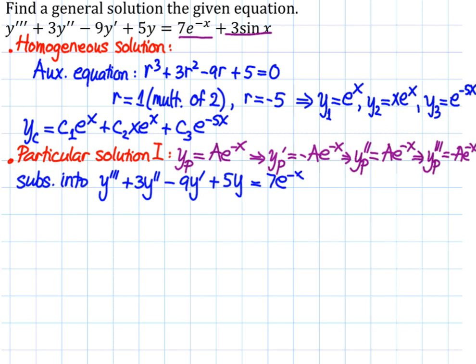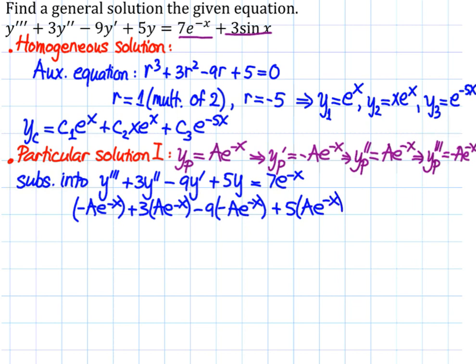Right. So we will have -a e to the -x, plus 3 times a e to the -x, minus 9 times negative a e to the negative x, plus 5 times the function a e to the negative x, equal to 7 e to the negative x.